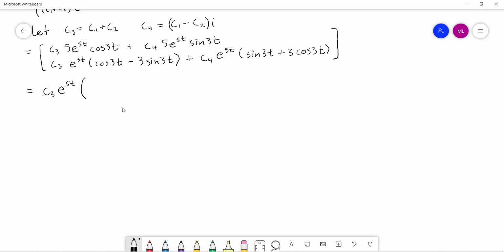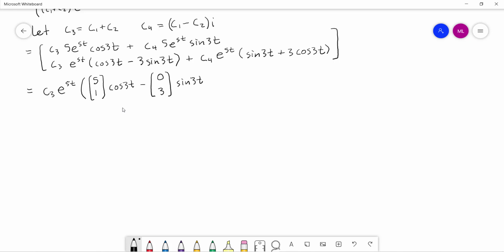So this first term, I've got a 5 on top, a 1 on the bottom, times cosine of 3t. And from that, I'm subtracting 0 and a 3 times the sine of 3t.